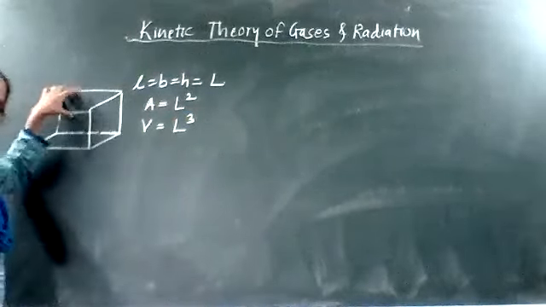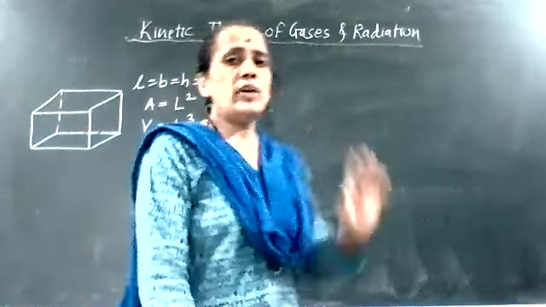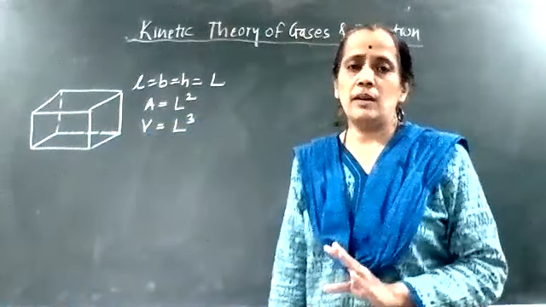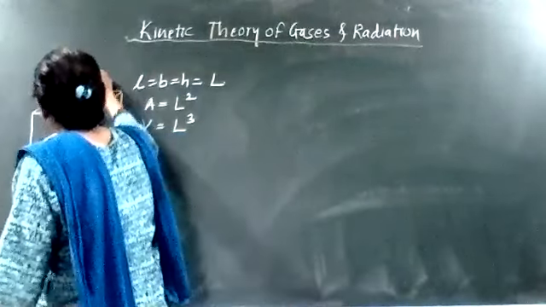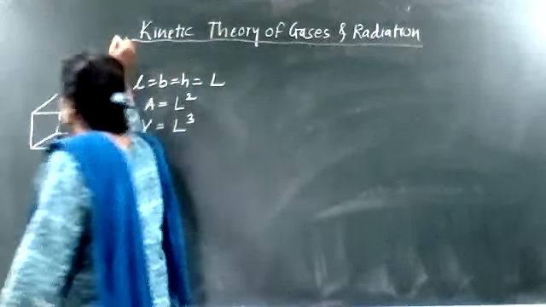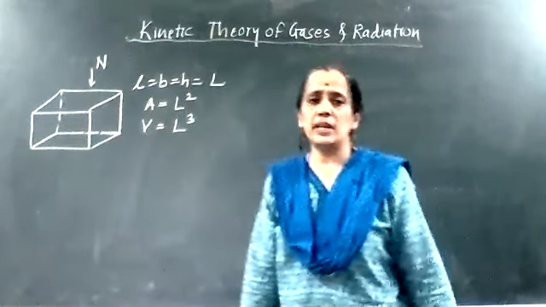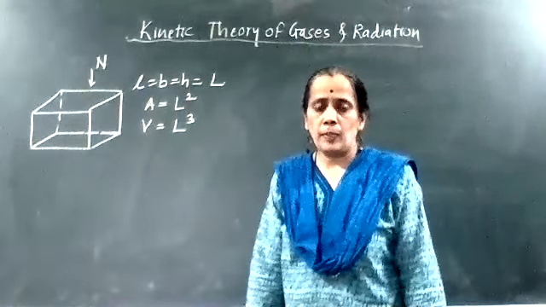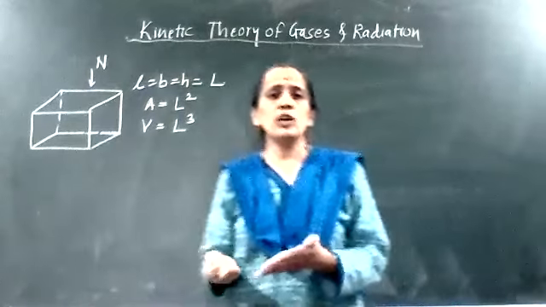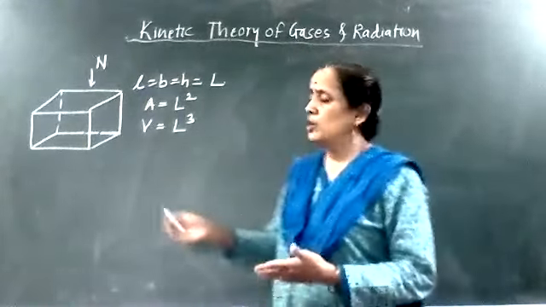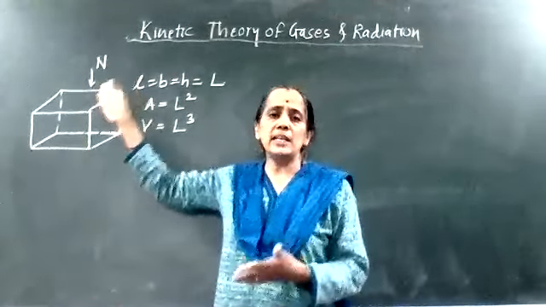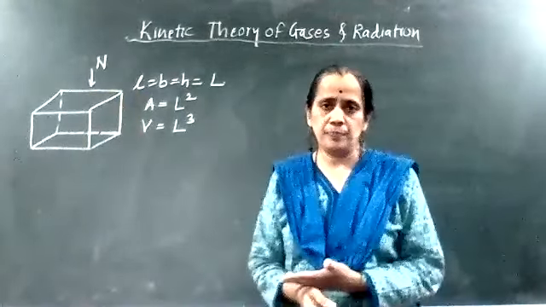And inside this cubical container, we are enclosing a number of gas molecules. So I can say that inside this container, I am enclosing the number of molecules as capital M. Now, we know the properties of a gas molecule. That is, a gas molecule always moves randomly inside the container.